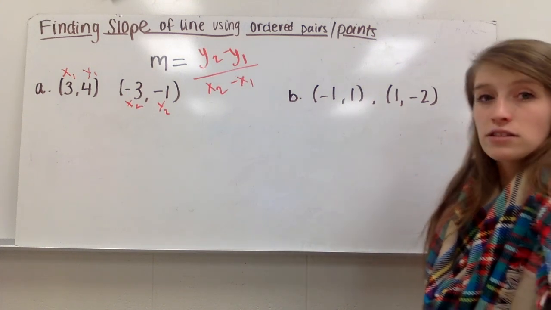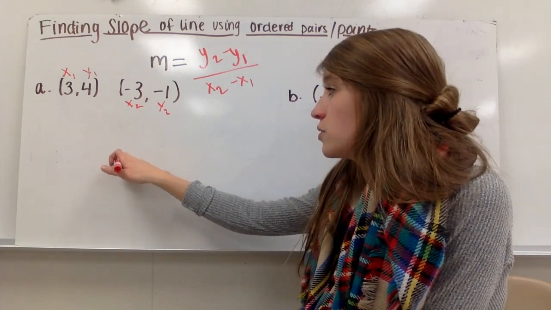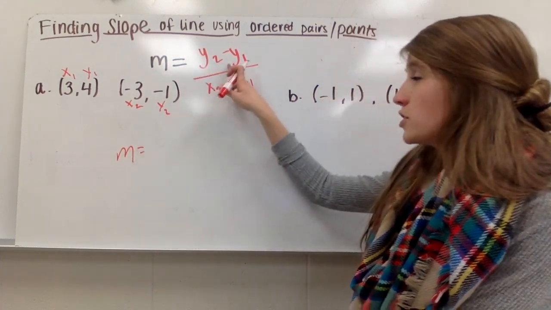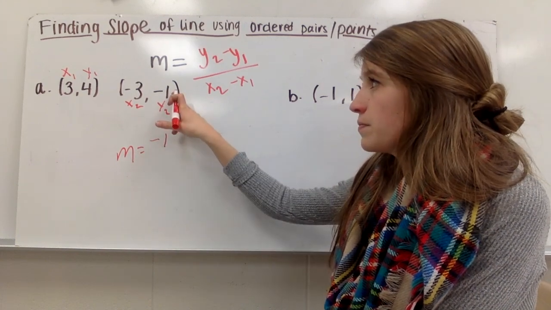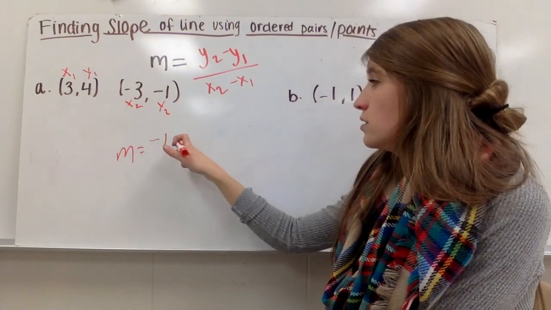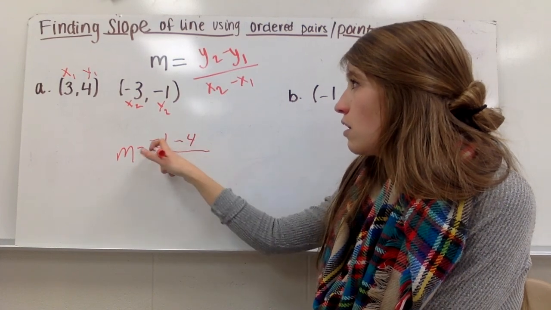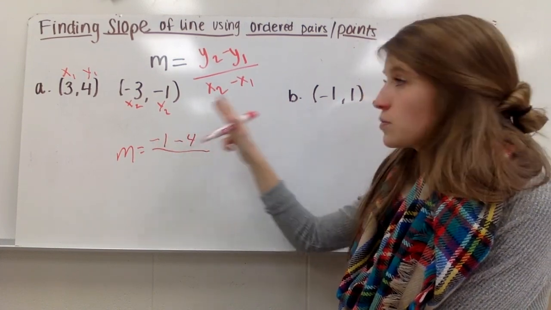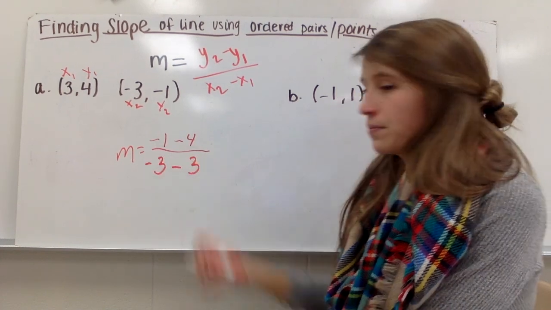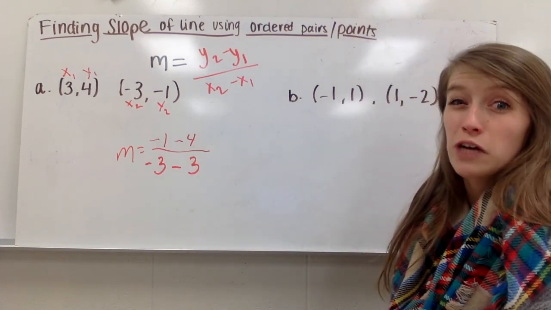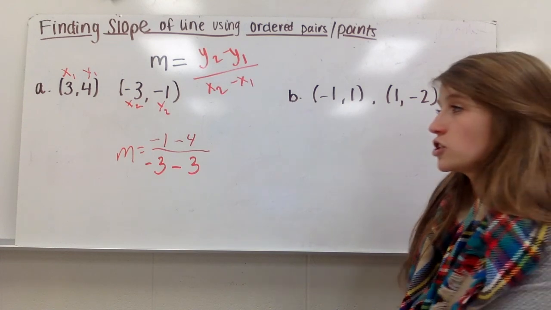So if we were trying to find the slope from this line, then what we need to do is our slope is y2 minus y1. So in this case, that's negative 1 minus 4 all over x2 minus x1. That's negative 3 minus 3. Be super, super careful about adding and subtracting negative integers here.